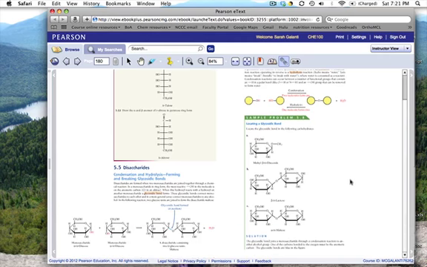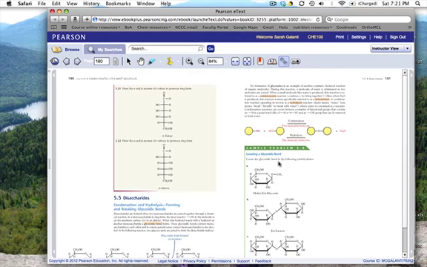I'm not going to ask you any questions about disaccharide linkages, so you're not going to have to write any reactions or anything, but you should understand from this section about disaccharides about condensation and hydrolysis reactions.